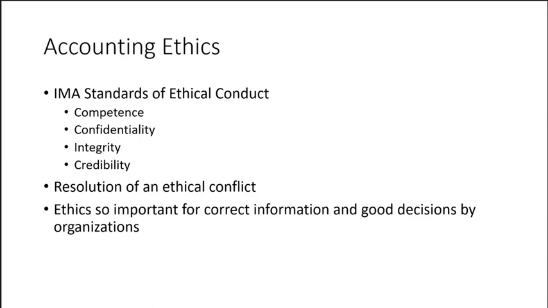We need to be of utmost integrity, meaning we can be trusted. Accounting information is only good, it only has benefit if it can be trusted, because that's what it's for. It's for making decisions, and if you can't trust it, you can't use it to make decisions. And so we have to be completely honest, even if it's hard, even if it doesn't get us ahead.